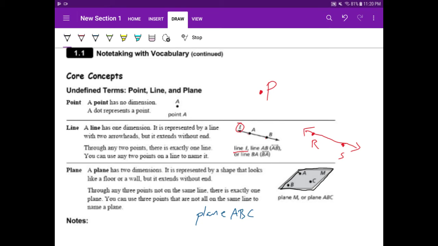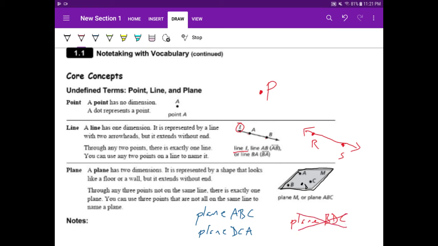So here's the thing that gets tricky with that. Let's say you have another point here, point D. So you could say plane DCA. You can do any combination of these points as long as they're not in a straight line. So something that would be incorrect would be plane BDC.